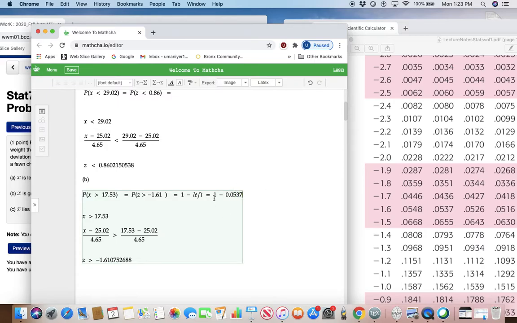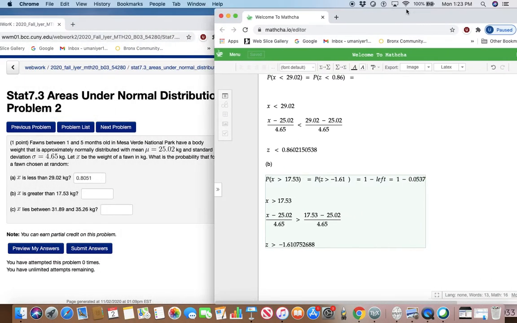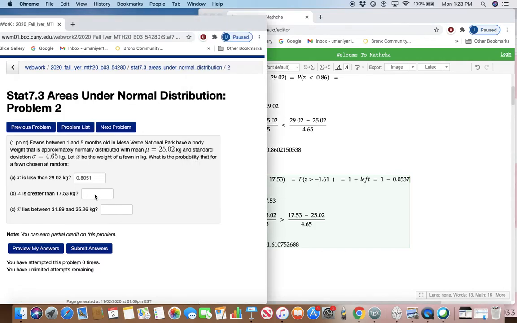That's the amount I need to plug in: 1 minus 0.0537. I could use the calculator and find it, or I could leave this expression.